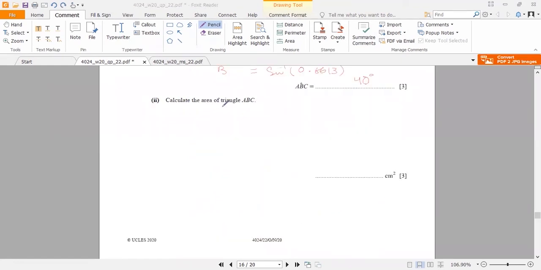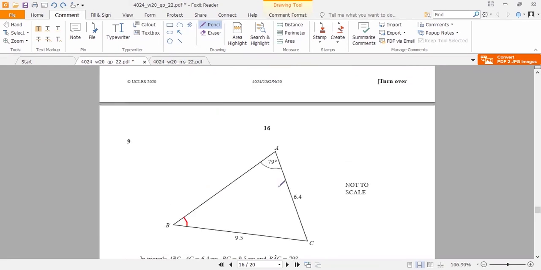Now in part 2, we need to calculate the area of triangle ABC. To find the area of the triangle, we should know this angle as well. So this is 40 degrees, as found in part 1. For the angle C, it will be 180 minus 79 minus 40, which is equal to 61.